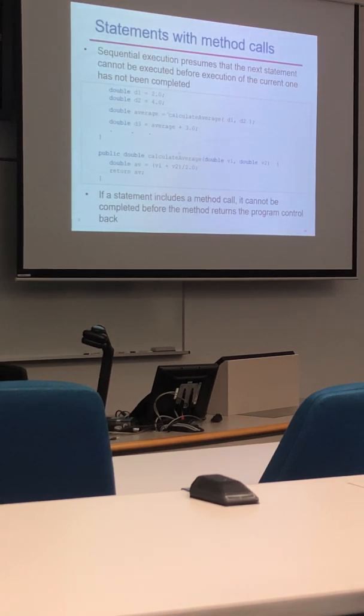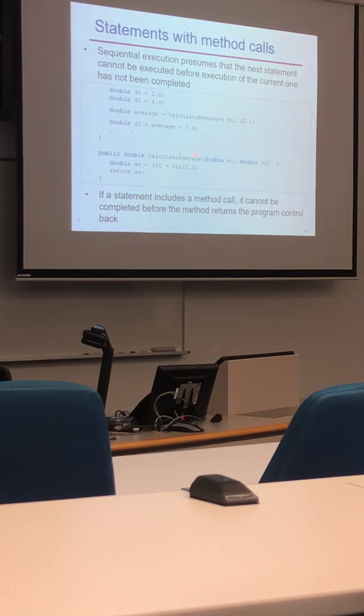Sequential execution presumes that the next statement cannot be executed before execution of the current one has been completed. Let's say, for example, suppose I have double d1 = 2.0, double d2 = 4.0, double average = calculateAverage(d1, d2). Now the compiler says that I want to take a break.